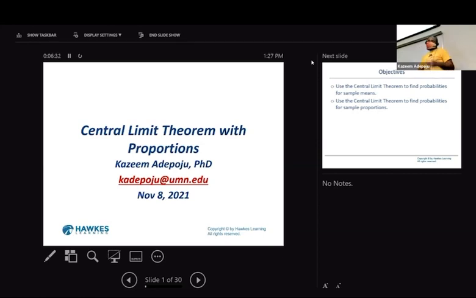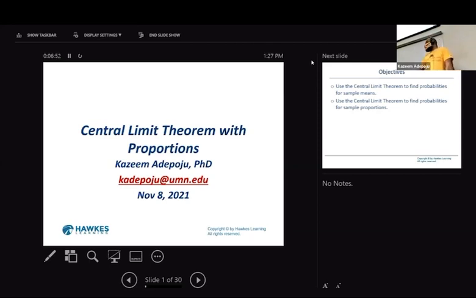One example of a parameter is when I want to determine the average household income in a particular country. That's a parameter because it's an unknown.